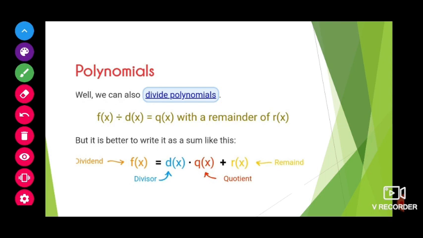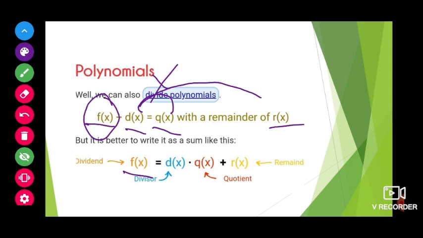What does that mean? We can also divide polynomials. For example, if f of x is the dividend, d of x is the divisor, q of x is the quotient, and r of x is the remainder, then we can write f of x, the dividend, as the divisor into the quotient, multiplication, plus the remainder.